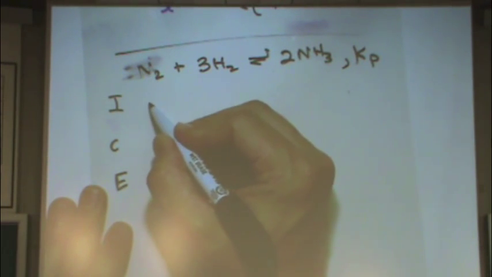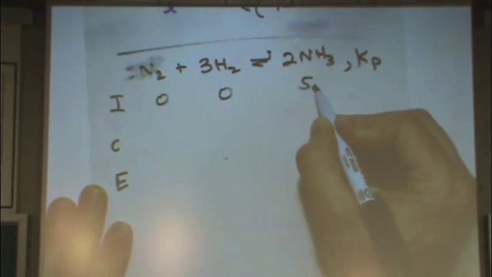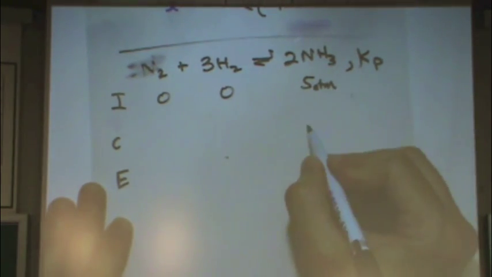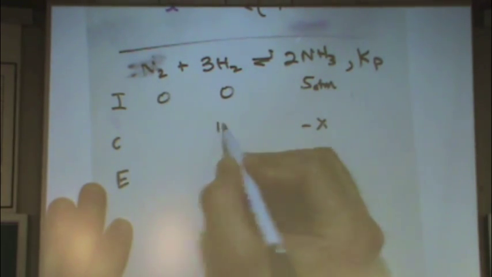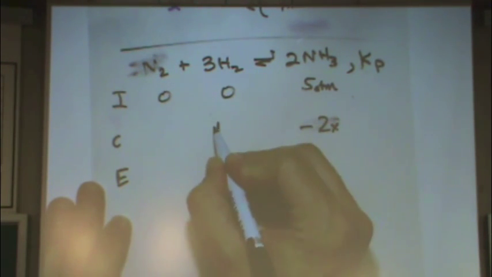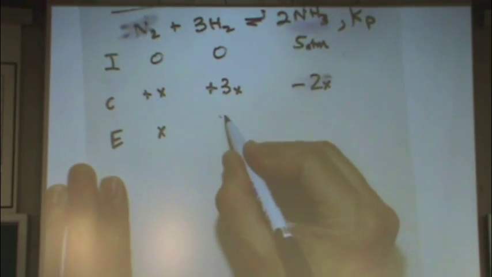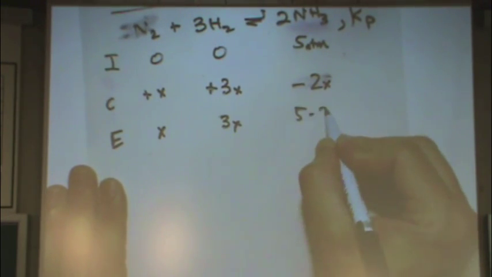So you'd set up I, C, and E, and then let's say it's 0, 0, and 5 atmospheres, for example. Then you would shift towards the 0. Oh, what is this? Actually, what do I put here? Minus 2x plus 3x and plus x. So you have x, 3x, and 5 minus 2x.